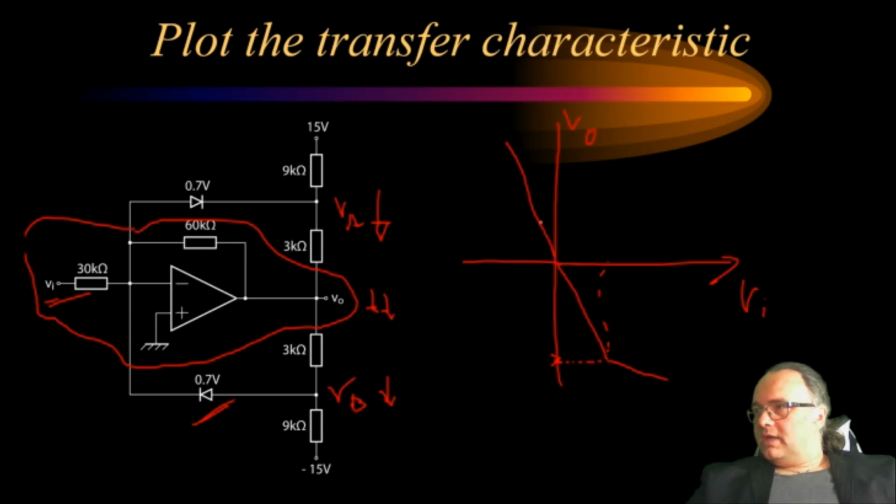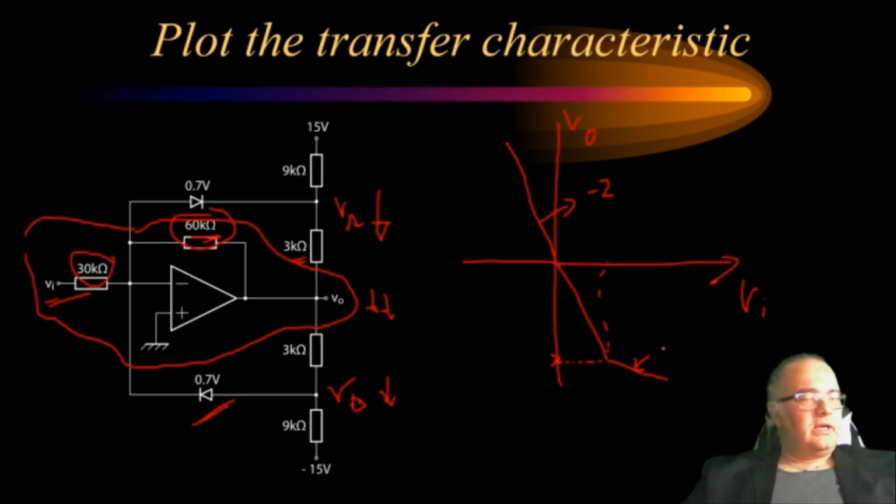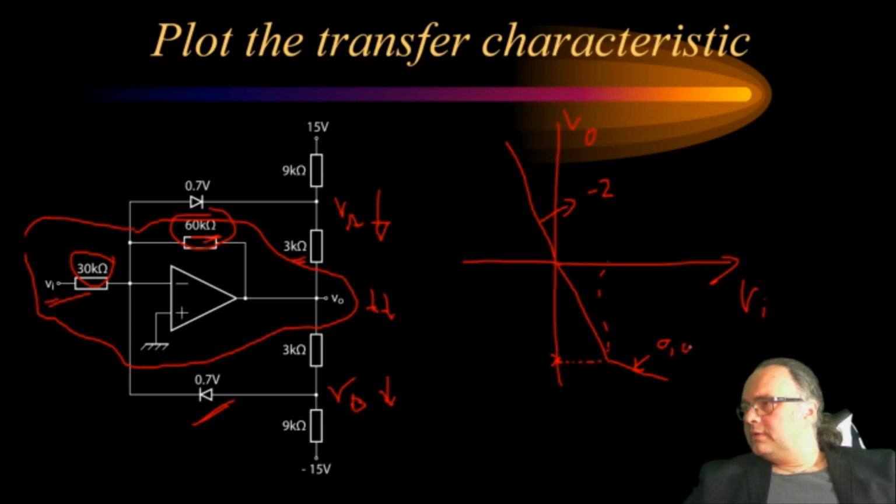The gain here was calculated to be minus 60 kilo ohm divided by 30 kilo ohm, minus 2, while the gain at this point was calculated to be 3 kilo ohm in parallel with 60 kilo ohm divided by 30 kilo ohm. So something like 0.095, of course with a minus sign.